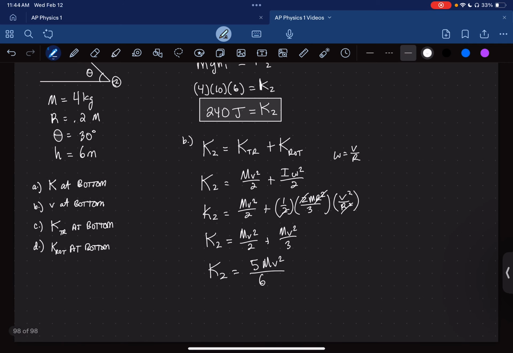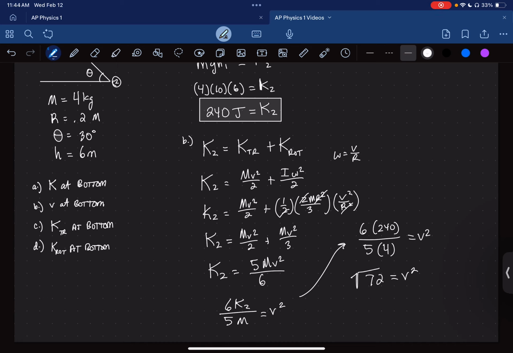And let's solve for v. So I'm going to rearrange this. This is 6 times K2 over 5 times the mass is v squared. That is 6 times 240 over 5 times 4 is v squared, which is 72.